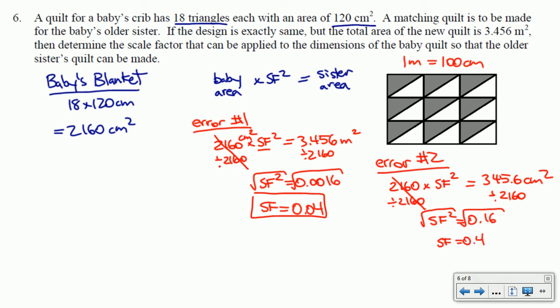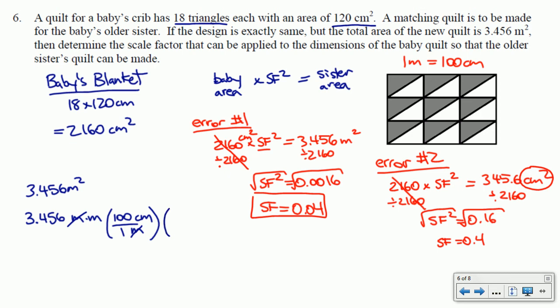So the error that happened here is I failed to convert the area of the larger blanket properly. In order for me to properly convert 3.456 meters squared into centimeters squared, I need to multiply by 100 twice. So you could think of it as 3.456 meters times meters, and if I multiply by 100 over 1, that converts only 1 meter. So these two would cancel, and I would be left with units of meters times centimeters.